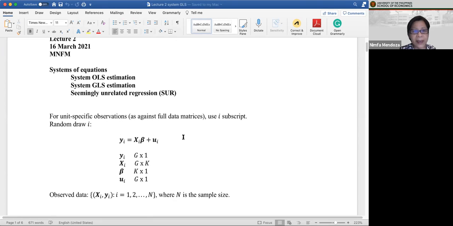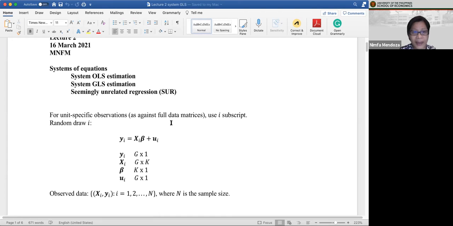I first listed what our model is for specific observations from the sample. We denote an observation with a subscript i. So for a random draw i, we have the equation y sub i is equal to X sub i beta plus u sub i.